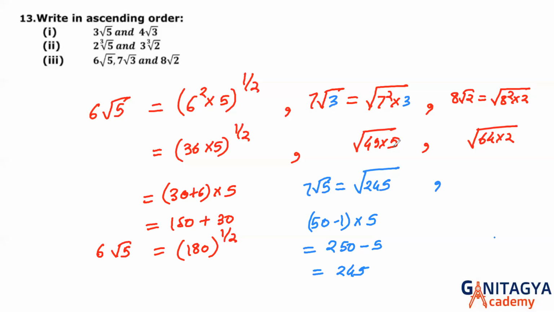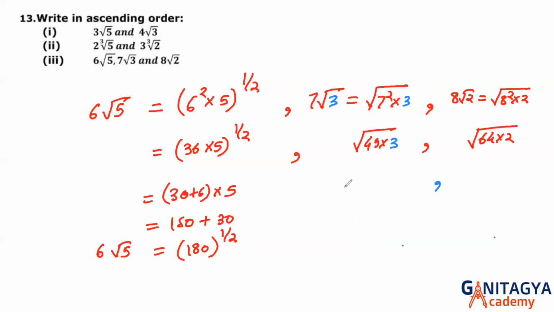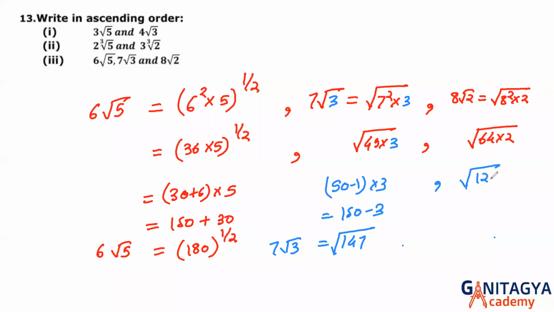So this will be 49 into 3, that is 50 minus 1 into 3, that is 150 minus 3, that is 147. So under root 147, that is 7 root 3. And the third one is 64 into 2, that is nothing but 128.